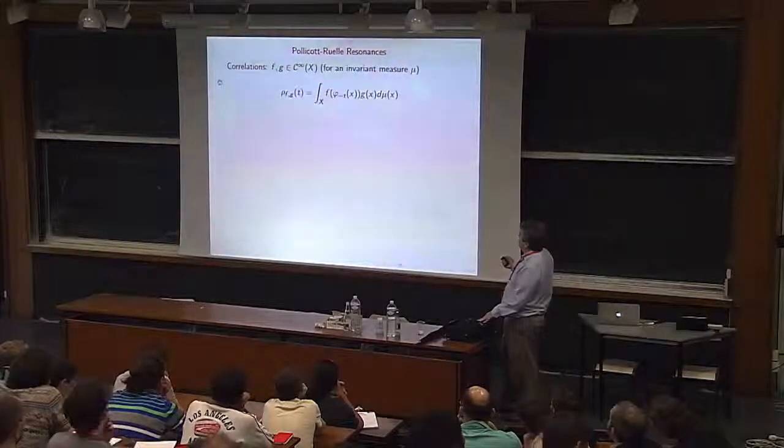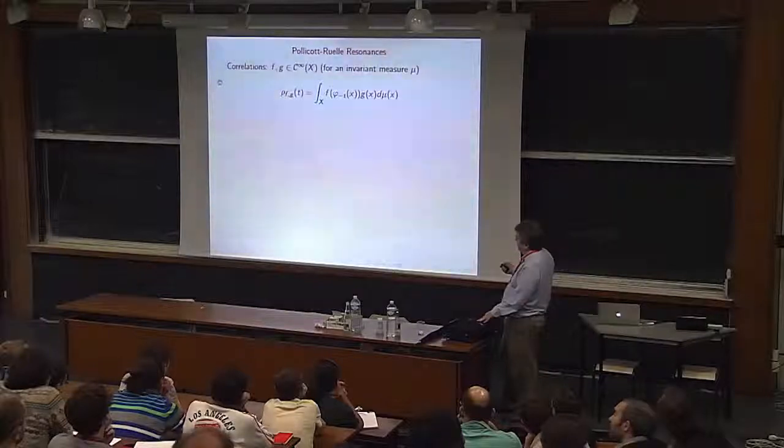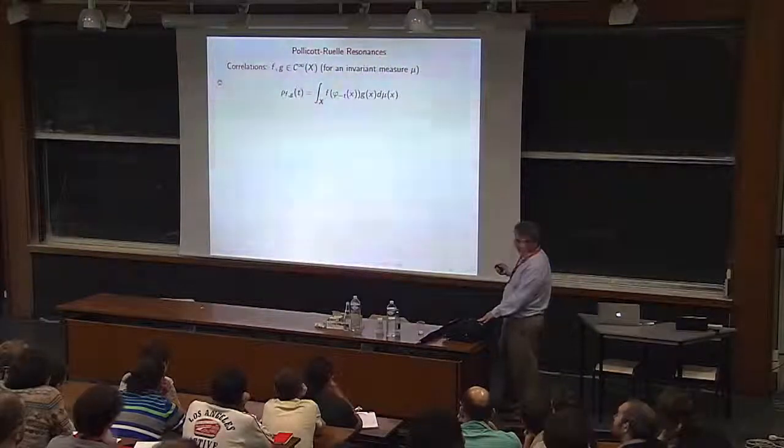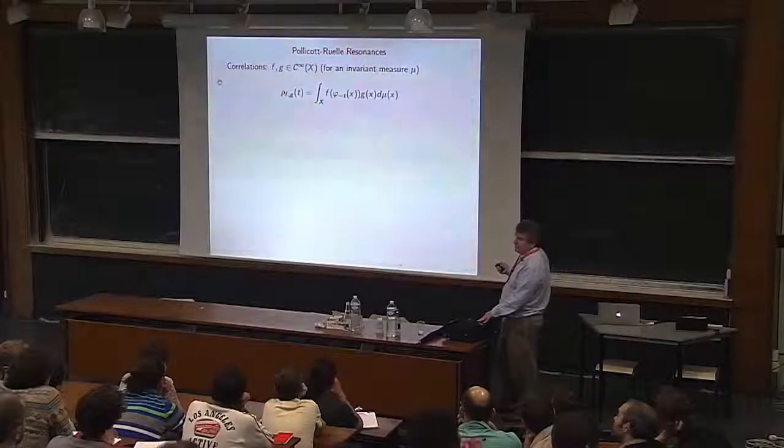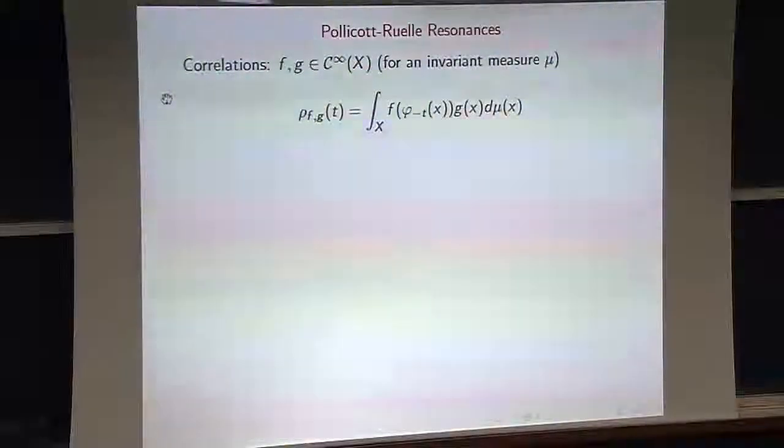My flow has some invariant measure, and what you do is integrate the pullback of f by the flow, here I take negative time flow, and integrate against g. This correlates the flow. If you like, this is the evolution of some observable, and this is your testing function. In all experiments, all you measure are correlations, because you have something evolving, and then you test it somewhere.